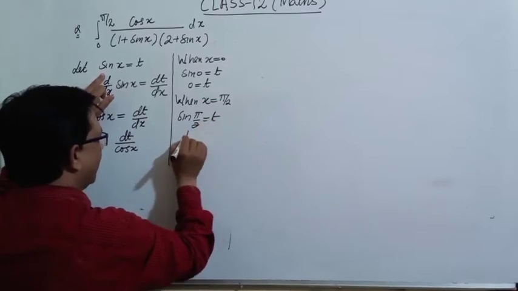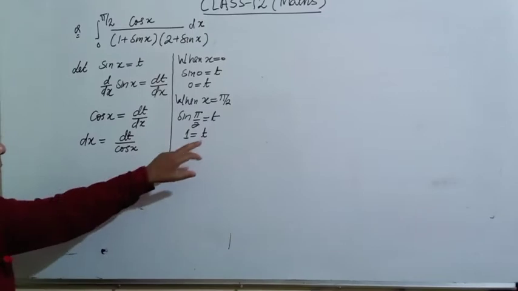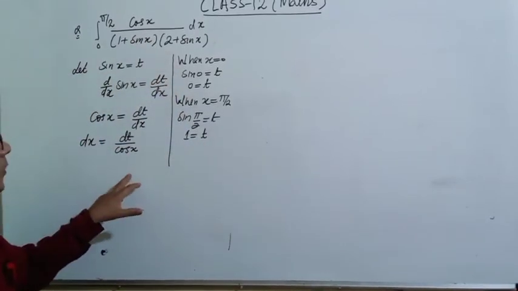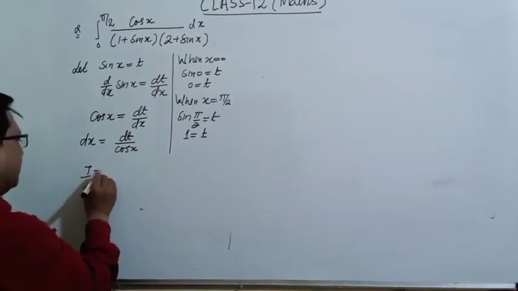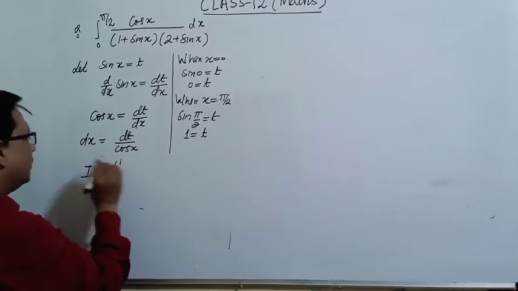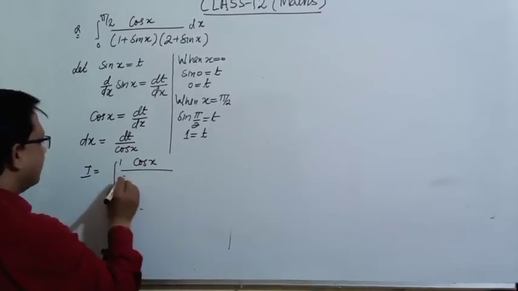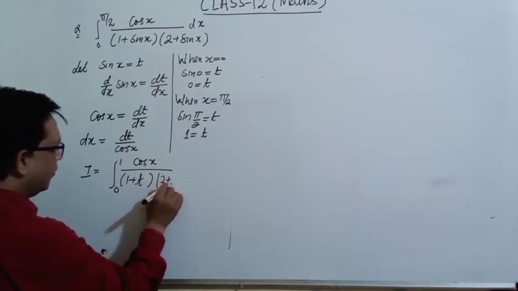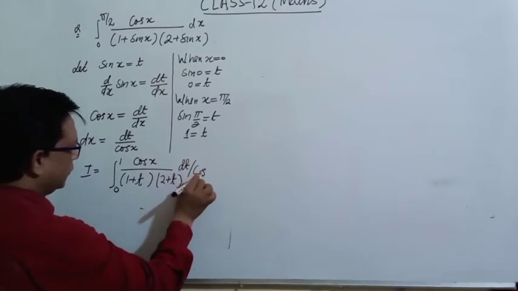The value of sin pi by 2 is 1, so t is equal to 1. So we change the whole function in respect to t. Now our integration becomes 0 to 1, here is cos x, and this is 1 plus t, and here 2 plus t, dt upon cos x.